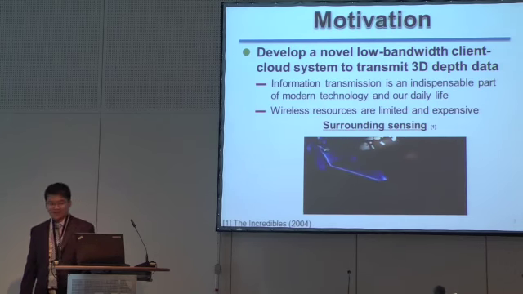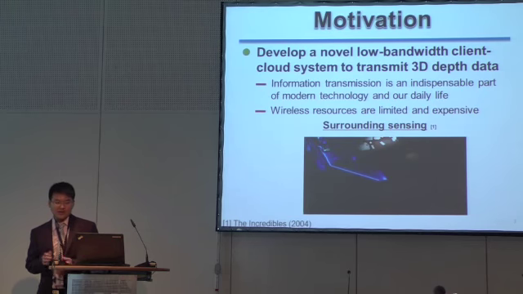With only these remote devices, they may not possess enough powerful computation capability. So we add a computing center and set up a client cloud system to handle this whole data stream.